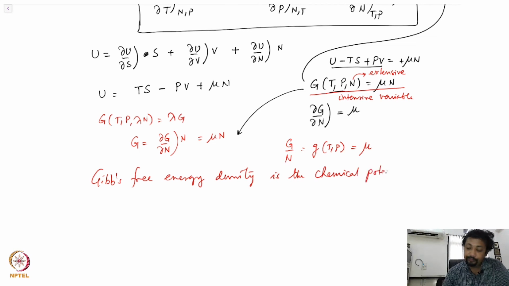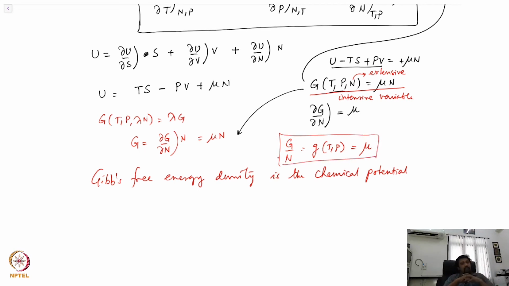Right? It's interesting. How do you define the Gibbs chemical potential? Well, it's the change in the Gibbs free energy per particle. That essentially defines my chemical potential mu.